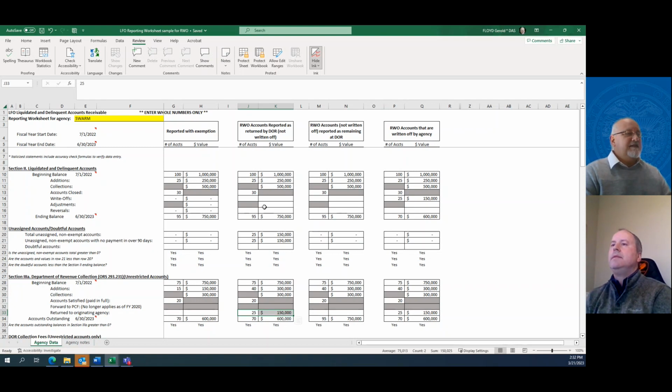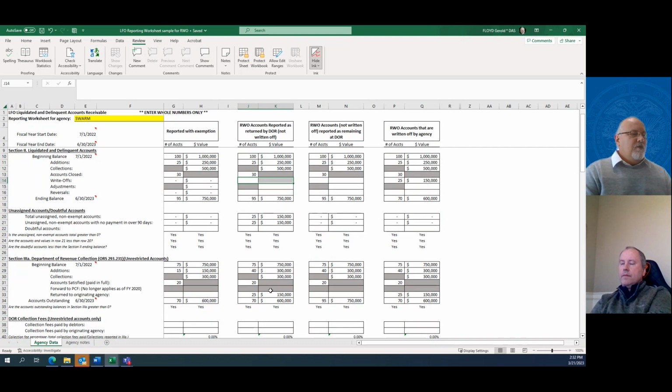This is done because the agency did not report a write-off in section 2. Because the RWO is still at DOR, I would say my recommendation is to report it this way in columns M and N, which is not to show those 25 accounts and 150,000 as a return to the originating agency.